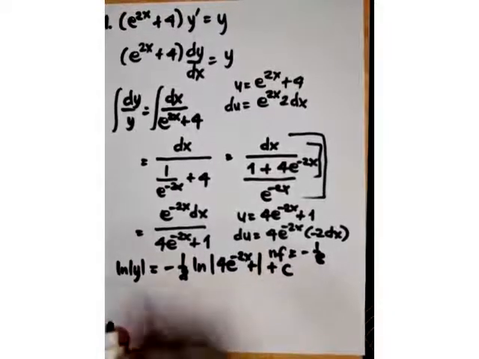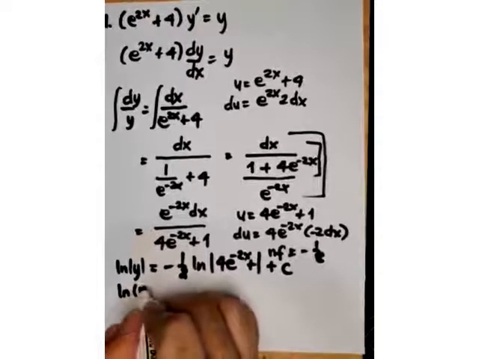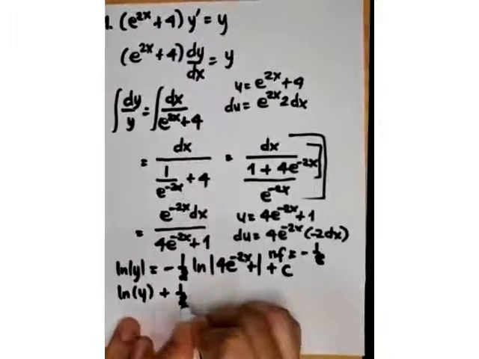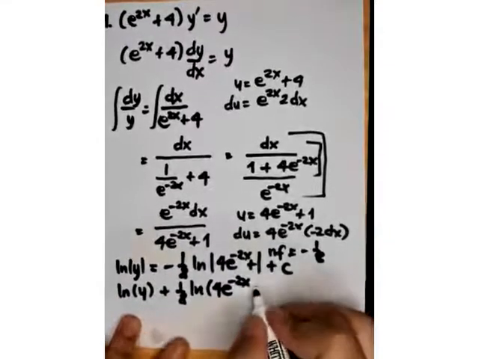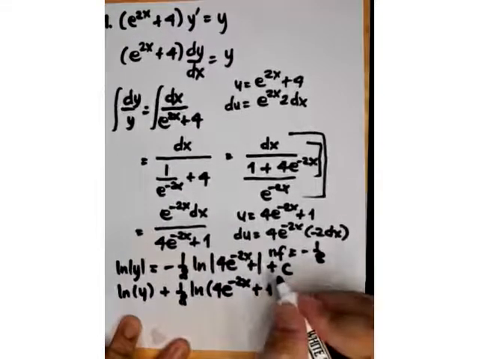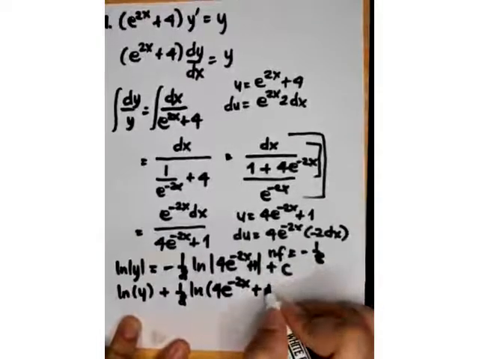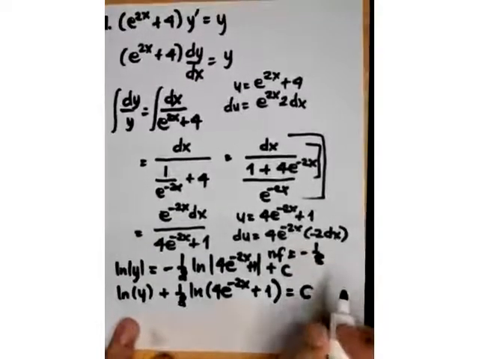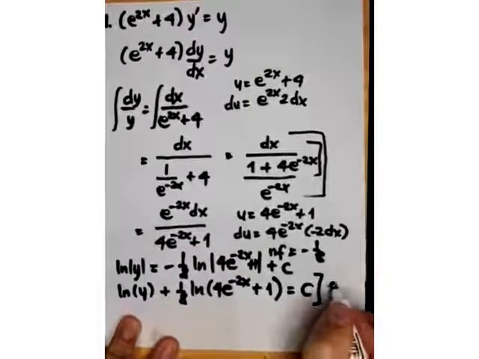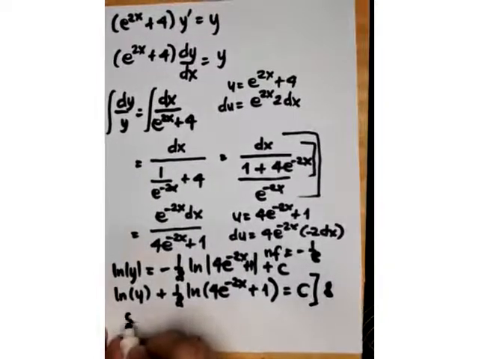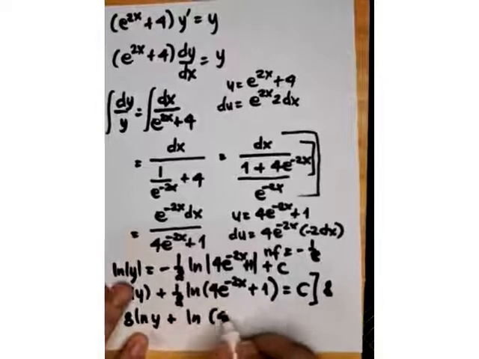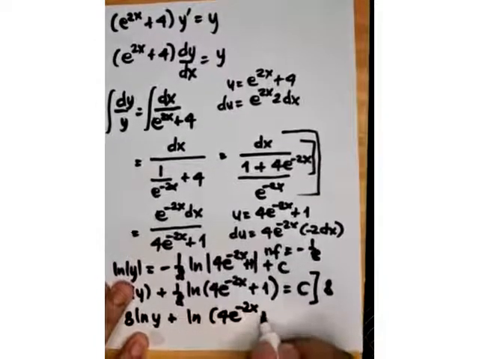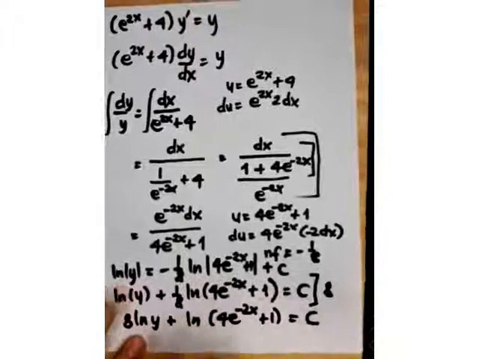If we transpose, ln of y plus 1/8 ln of 4e raised to negative 2x plus 1 is equal to c. And let's multiply this by 8. So we'll have 8 ln of y plus ln of 4e raised to negative 2x plus 1 is equal to c.